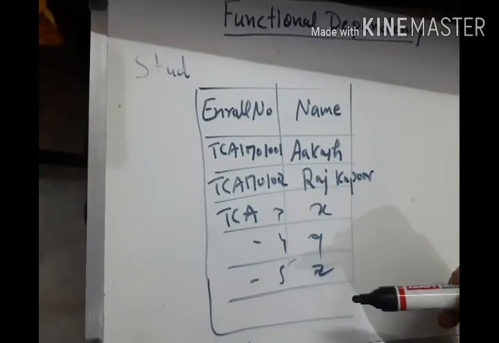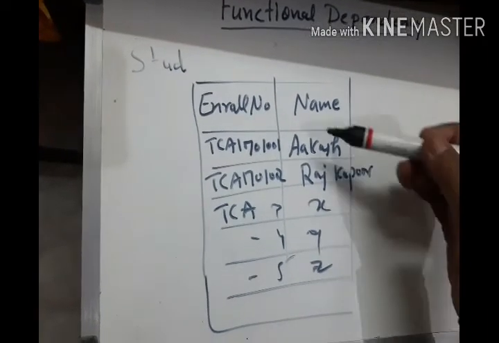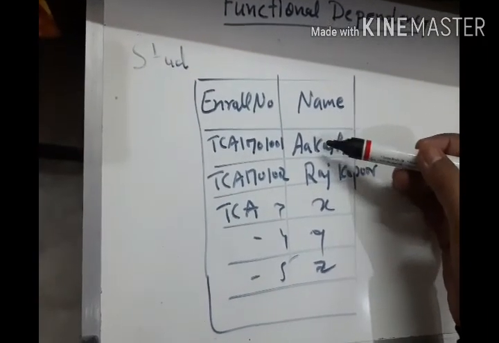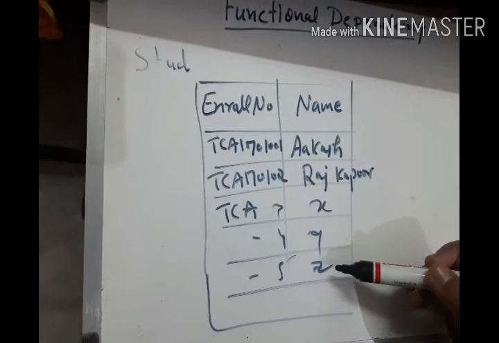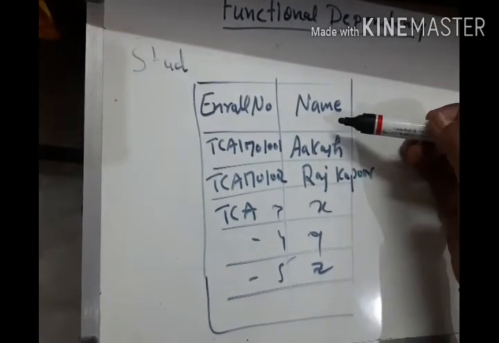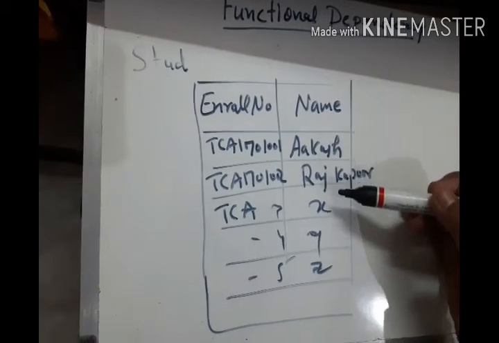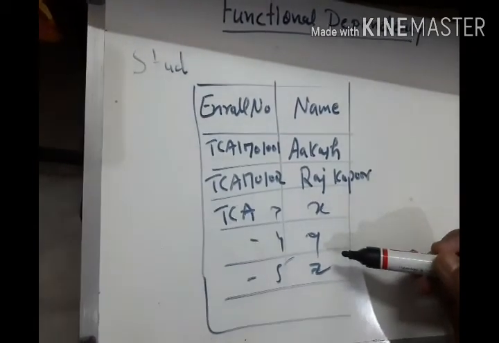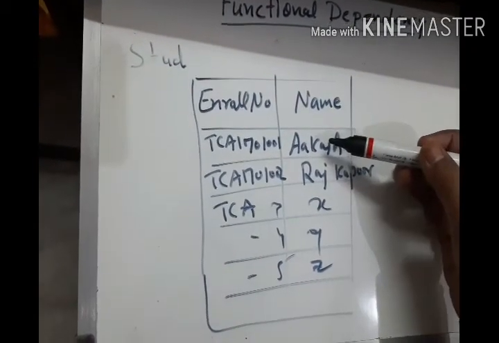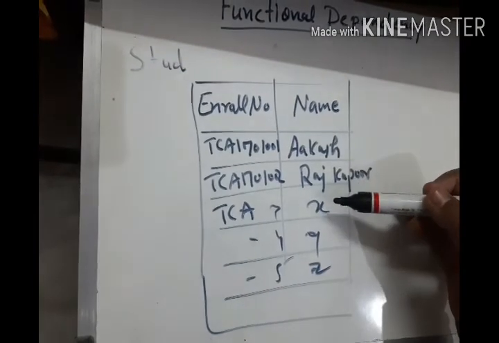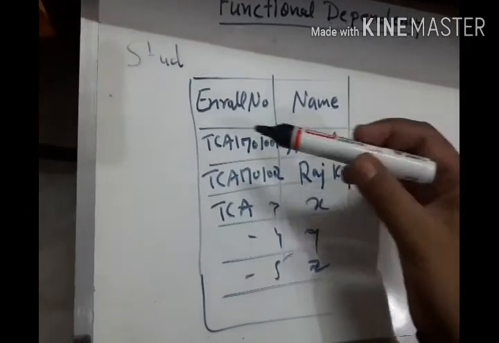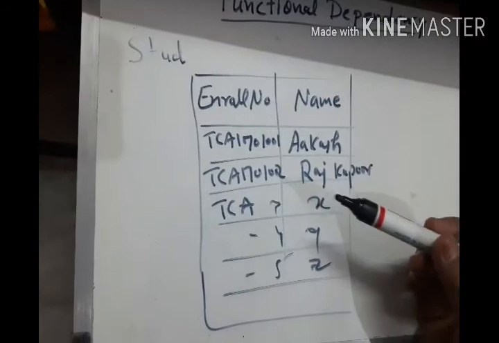Now you might ask why I cannot take name as a primary key. Because name alone cannot qualify as a primary key, because Akash could be another student in the same table.